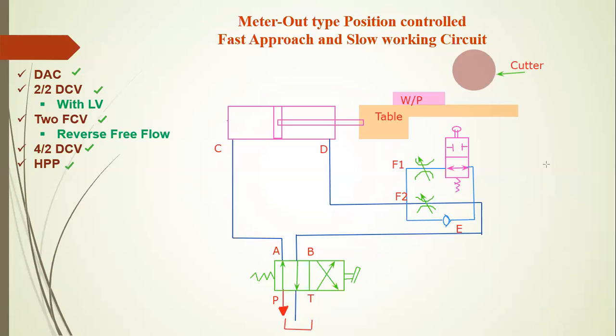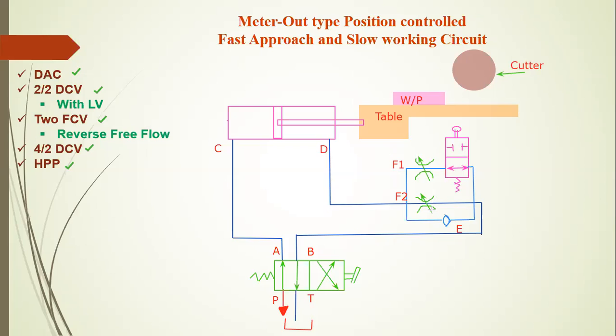Here is a 4 by 2 double acting cylinder, FCV1 and FCV2. This is a 2 by 2 direction control valve with 2 flow controls and 3 check valves.